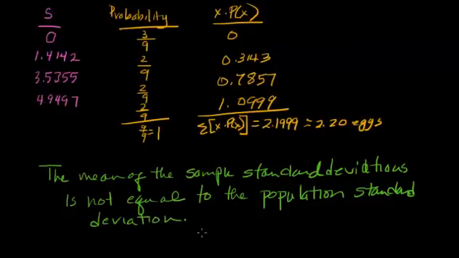So we got 2.20 for the sample standard deviations, and for the population standard deviation, we got 2.94.